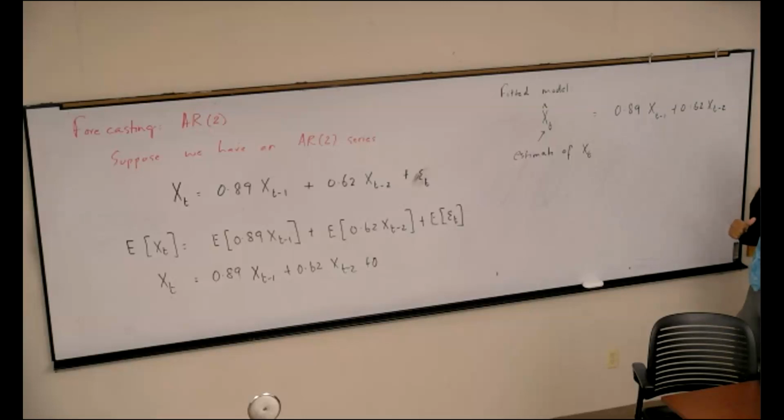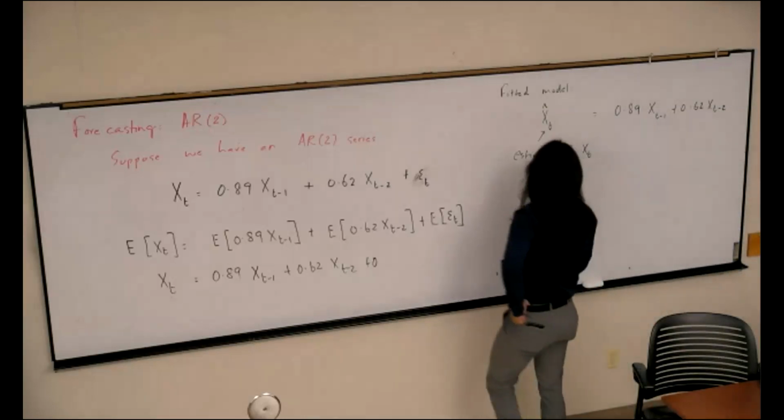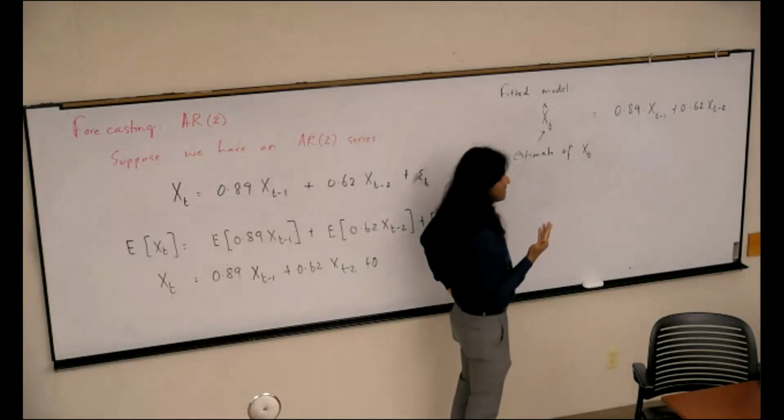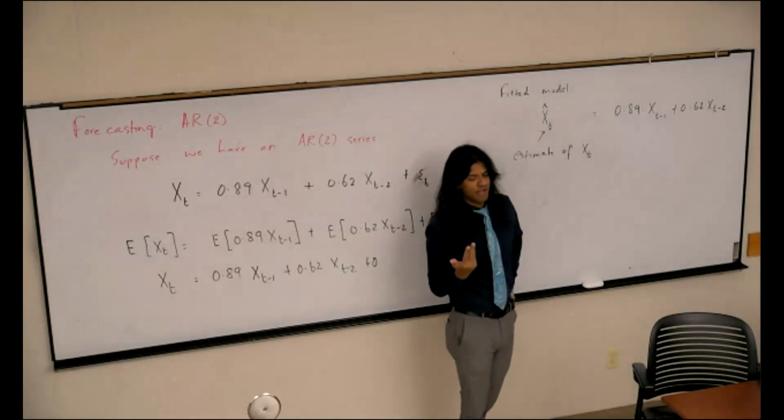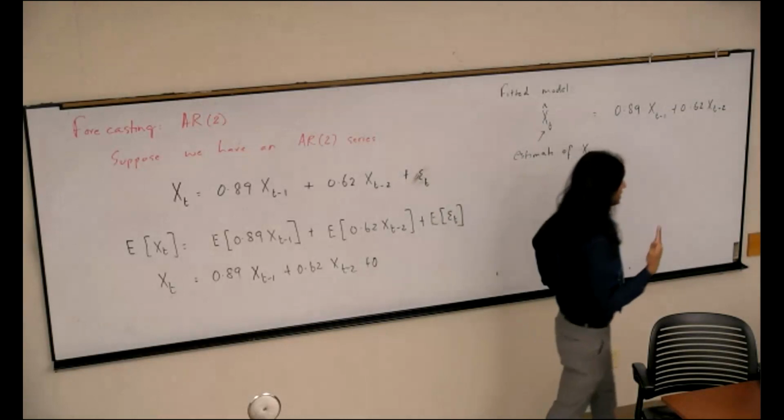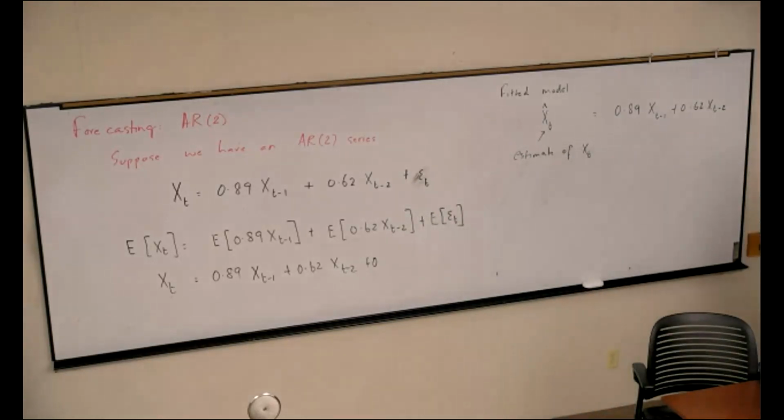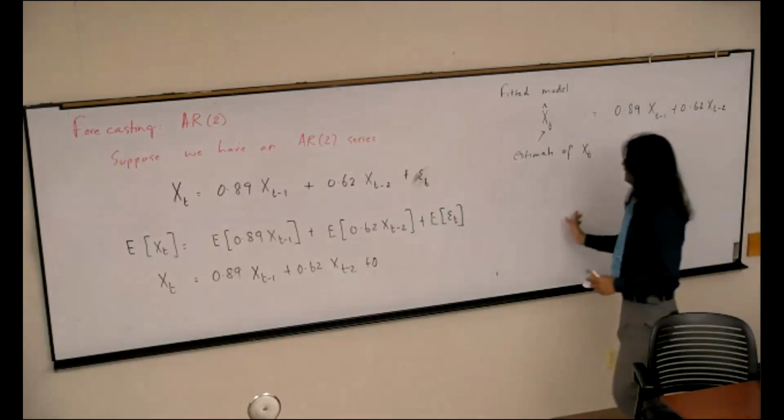So we need to come up with something called a forecast function. Why do we need a function? Well, we have seen recursive equations with AR, with MA. So a forecast function would also be a recursive equation. So let's see.